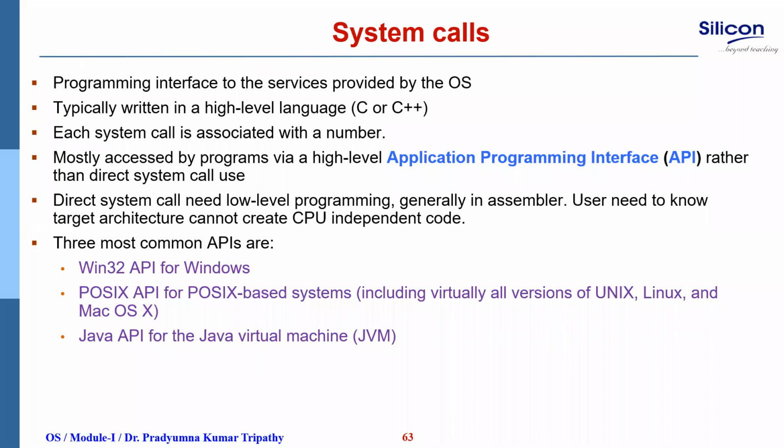Suppose I have 100 system calls. In return to every system call, there is a small program which has to be executed. Suppose I invoke a particular system call, in return that will invoke a small code. If I go for the open system call, some lines will be executed, right?